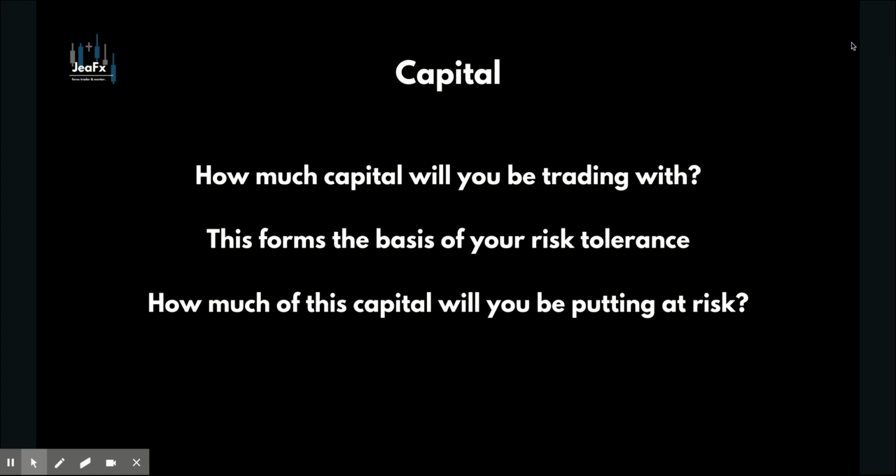Now, if you're trading 100,000, a 4% loss is going to put you back £4,000 or $4,000. Now, that's going to hurt a little bit more, okay? So decide how much capital you're going to be trading with, and then we're going to work our risk tolerance and our risk aversion around that. That's the main aspect of capital. How much of the capital that you're trading with are you actually going to put at risk?